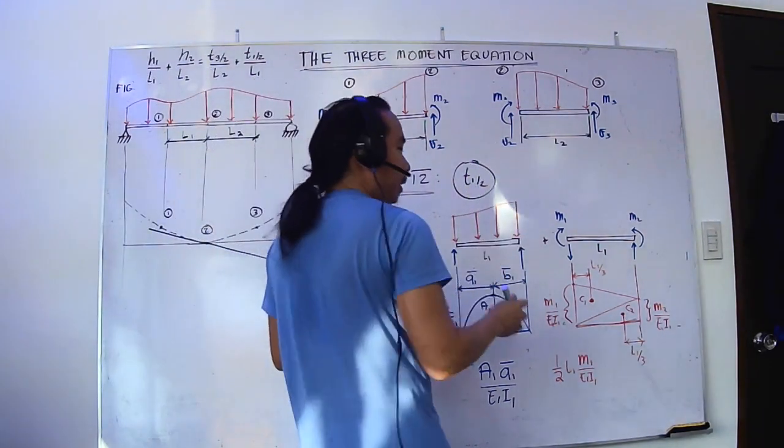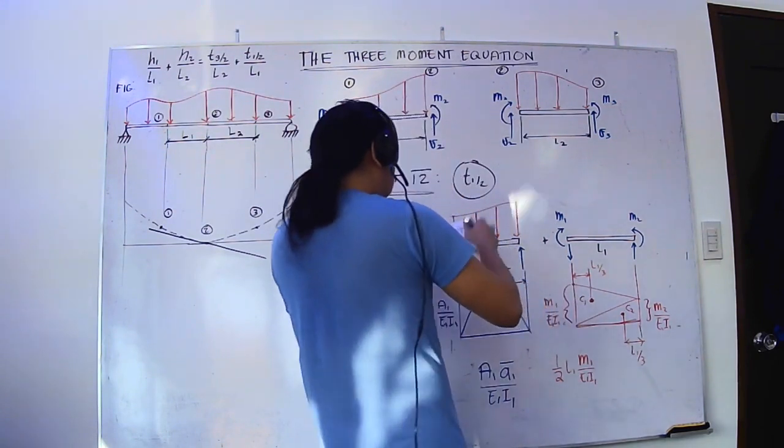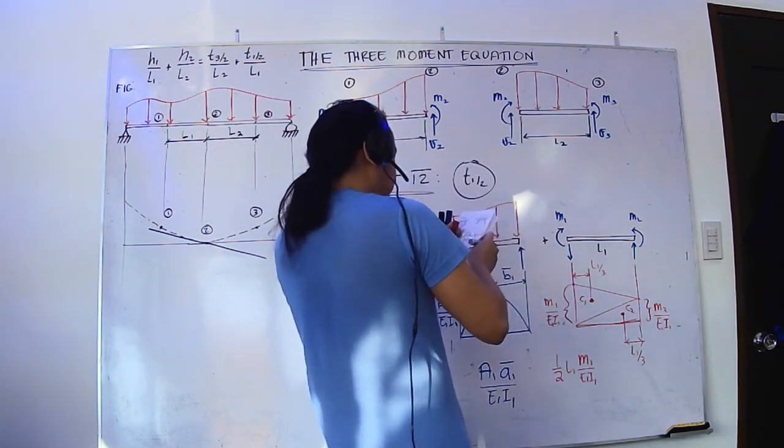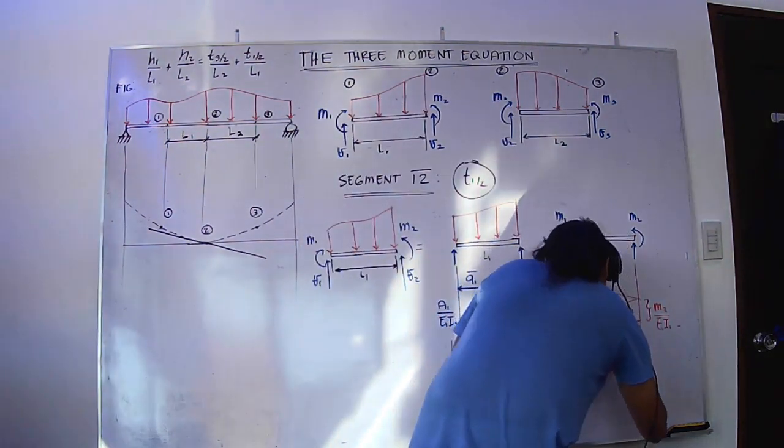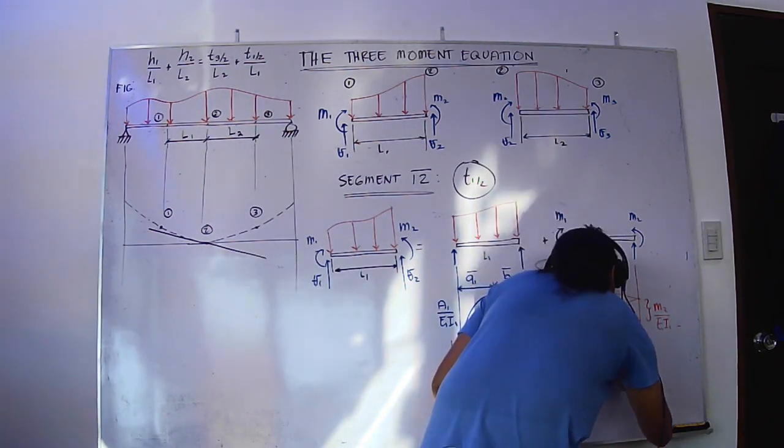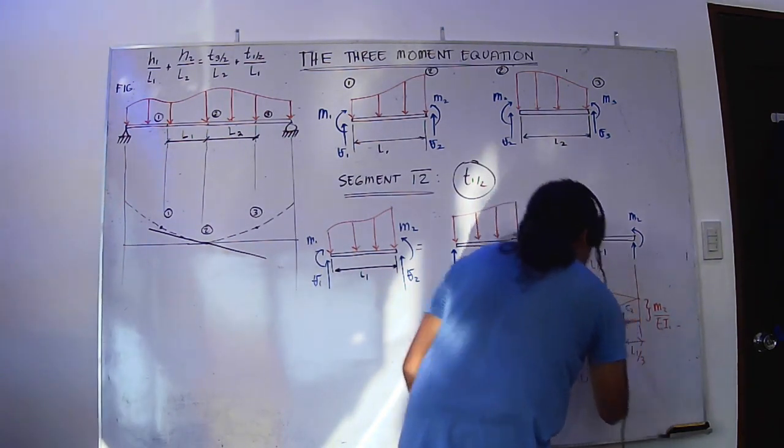Now, the centroid from here toward here should be equal to L1 over 3. That's the moment arm.